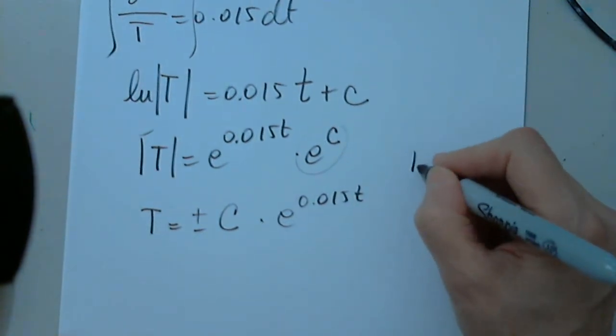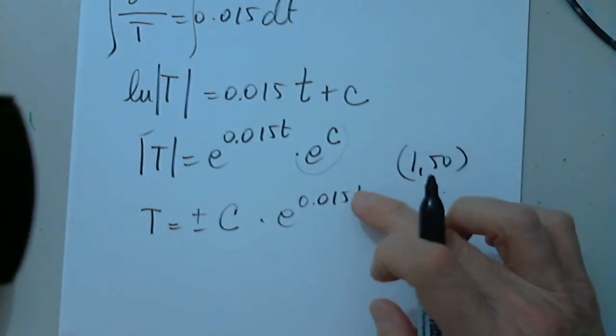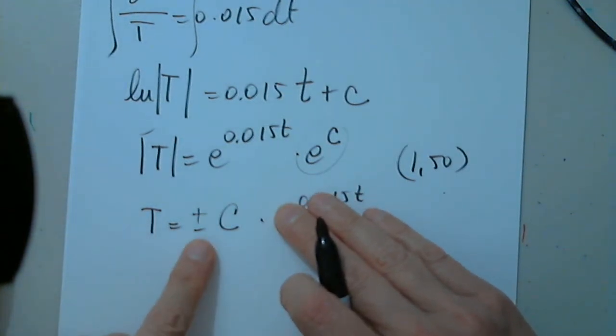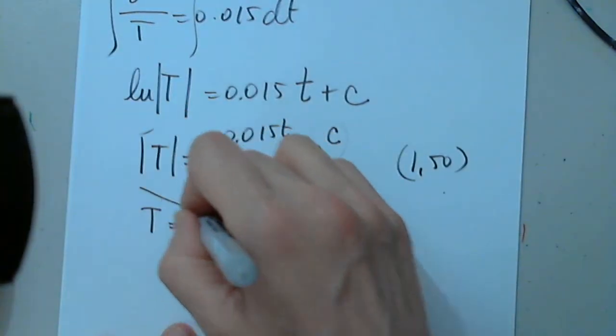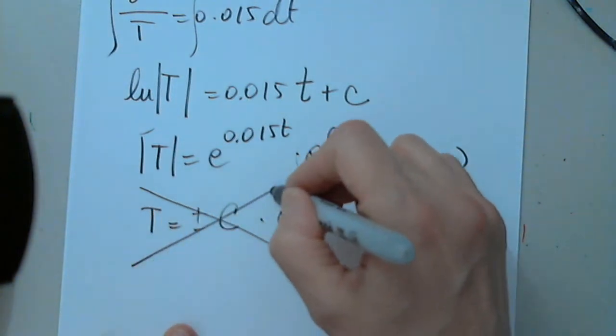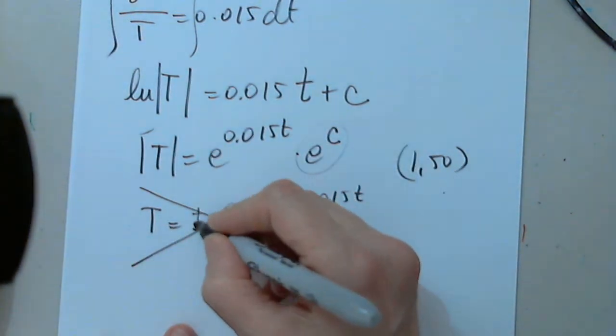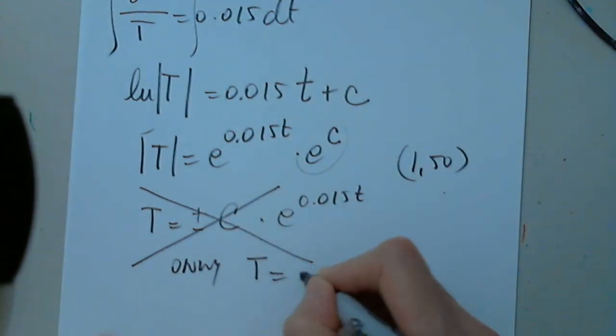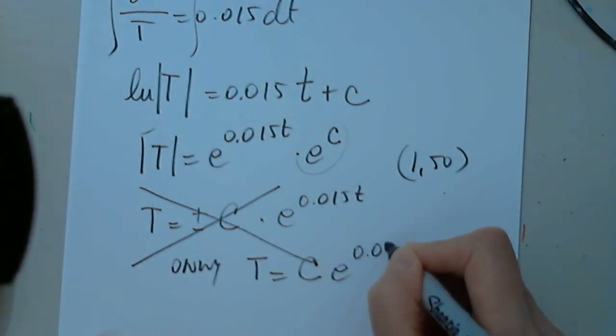However, I know (1, 50). When I plug in 1 here, this will be a positive number. This is 50, so it's not possible to have plus or minus. I write plus or minus, then I cross it out, and I say only T equals c e to 0.015t.